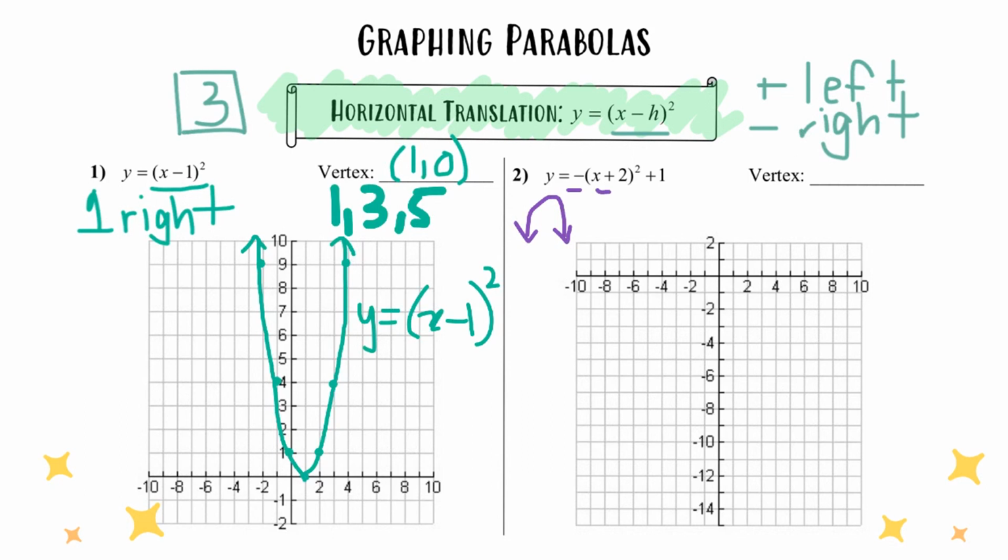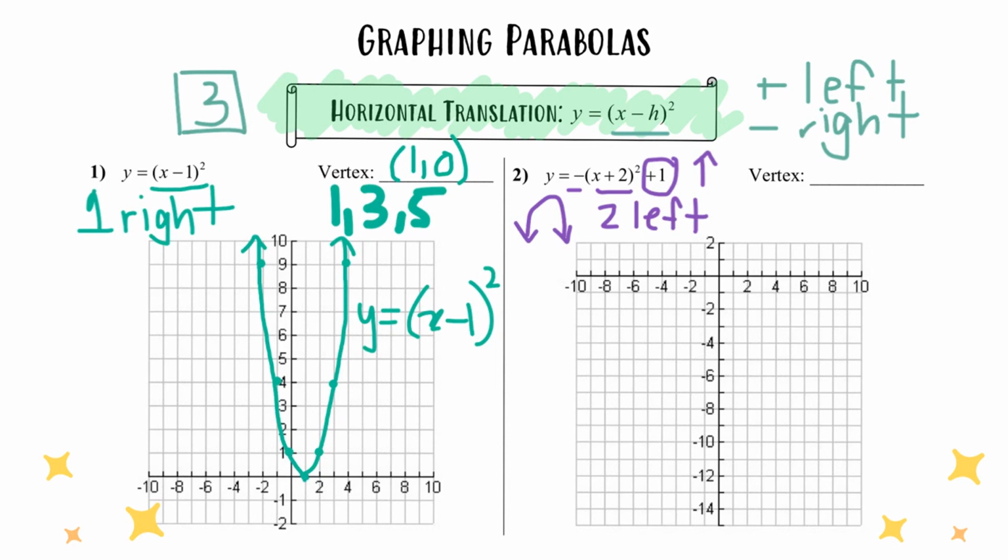Then I see there is a number with my plus inside the bracket, x plus 2, and that means my parabola has a horizontal translation 2 units to the left. Counterintuitive. A plus 2 actually means you're moving 2 units to the left. And then finally, I see a positive 1, and that means it is a vertical translation 1 unit up.